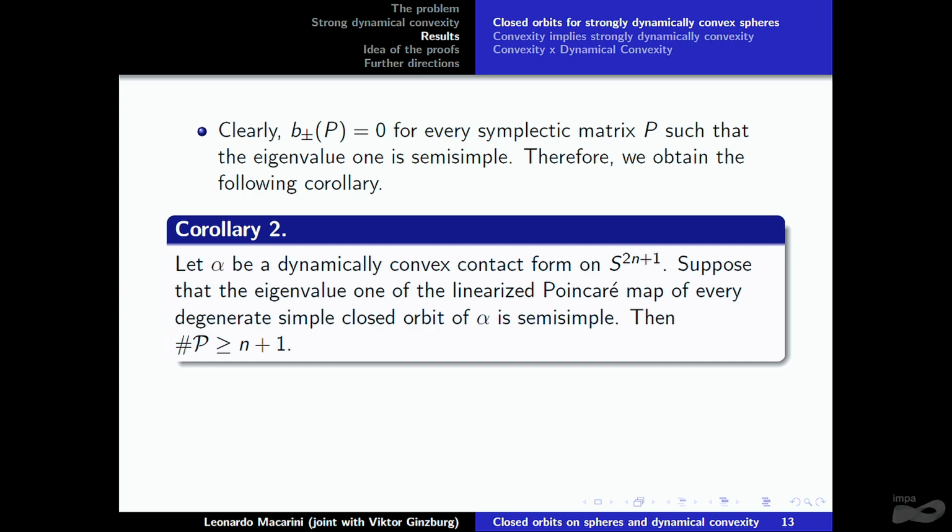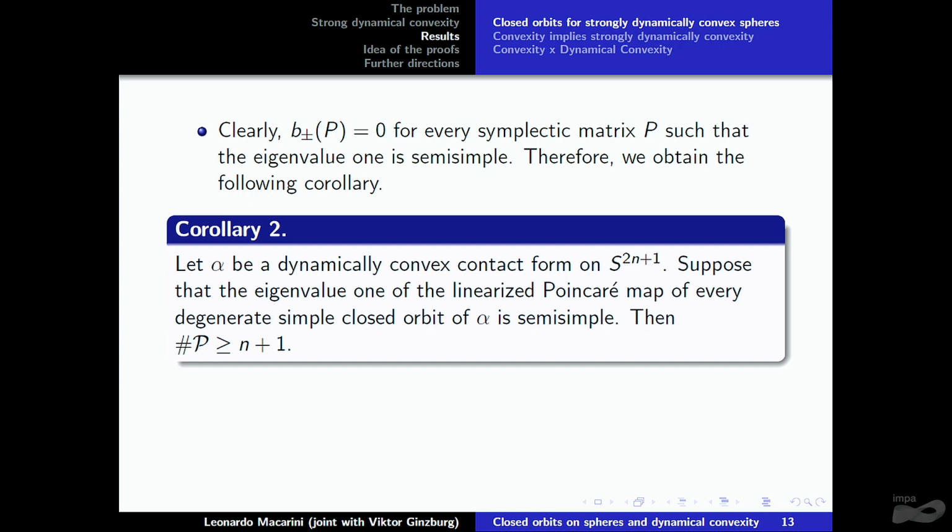It's enough to assume that every closed orbit has index at least n plus 1. And assume, moreover, that the eigenvalue 1 of the linearized Poincaré return map of every closed orbit is semi-simple. Then we have at least n plus 1 closed orbits.